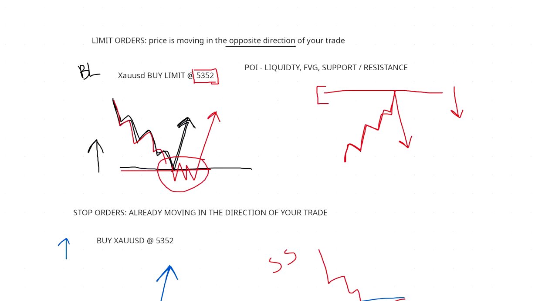This first one here, if the limit order was 53.52, then when you set the pending order, let's say you see it 30 minutes after it was sent, you want to make sure price is still above 53.52 so that you're still okay to set up that pending order.